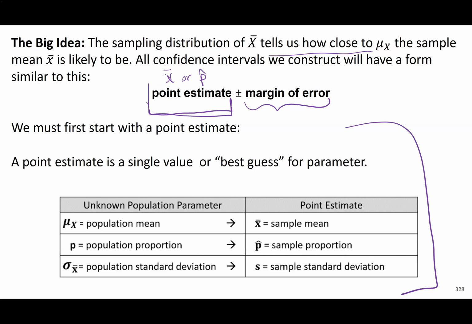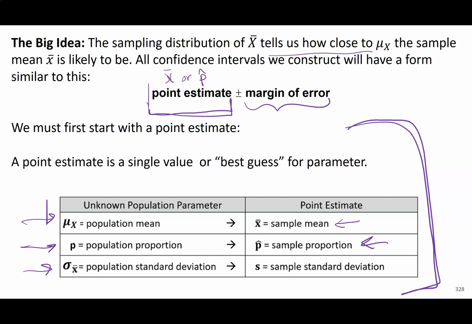This is where your sample data come into play. If you want to estimate the mean of a population, your starting place will be the mean from a sample. If you want the population proportion, your starting off place is going to be your proportion from a sample.